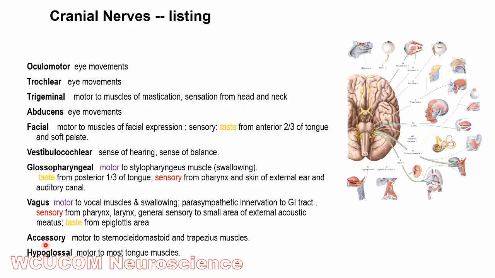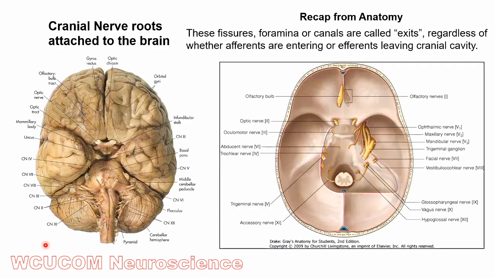And then finally, hypoglossal, which is motor to most tongue muscles. And the genioglossus muscle function will be the most important one to stick the tongue out, that you also test clinically, okay?